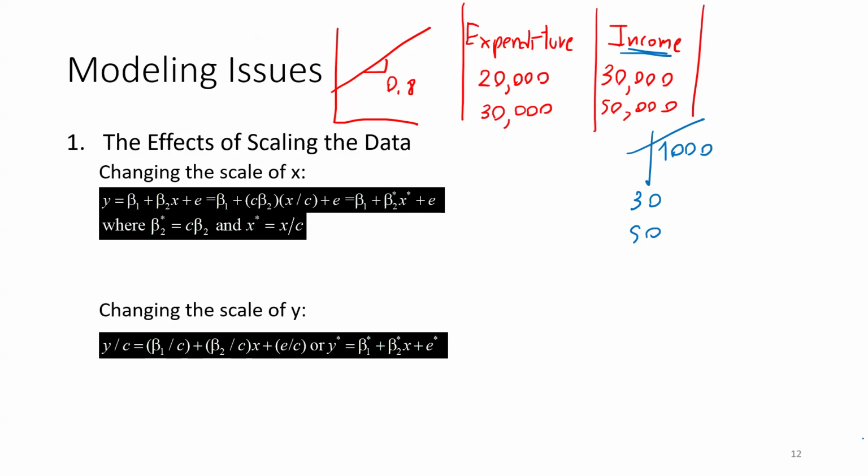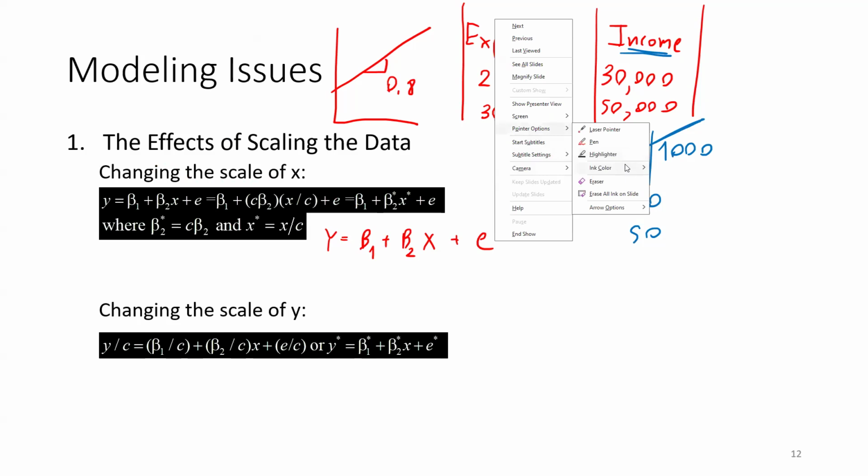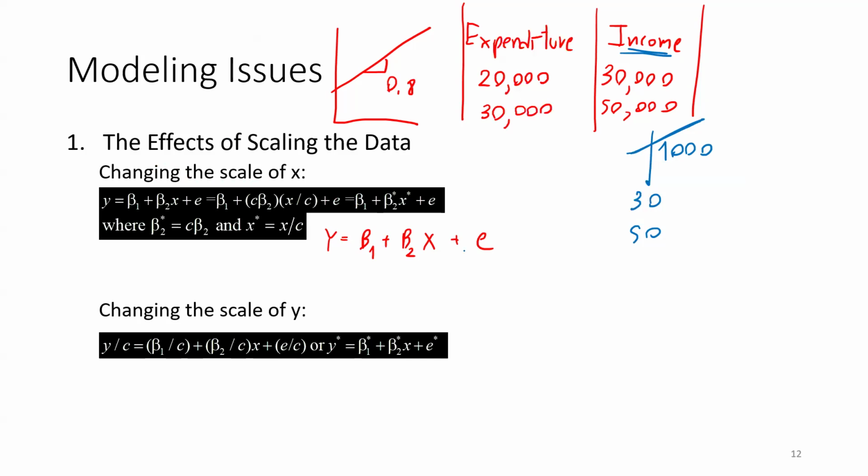So this is the effect of scaling data. What will happen if you divide the number in your model? First, changing the scale of x: y equals beta 1 plus beta 2 x plus error. And then one day they divide x by 1000. What will happen?